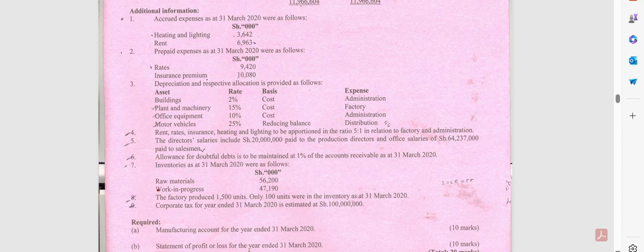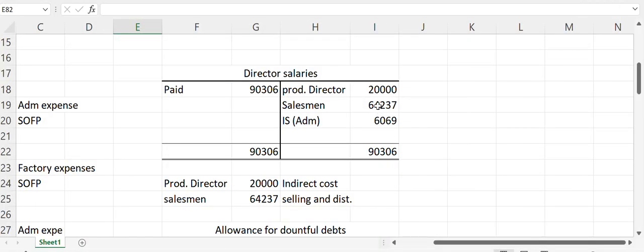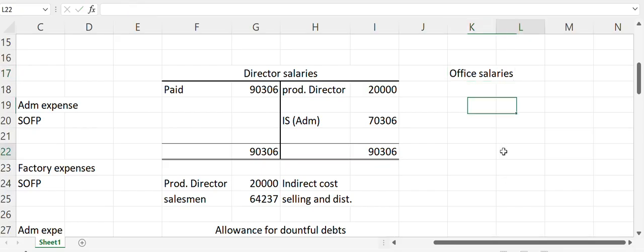This one is not supposed to be there for salesmen. So what we'll be recording in the admin under director salaries is 70,306. So let us open for office salaries, because this is an office salary. So we open for office salaries.